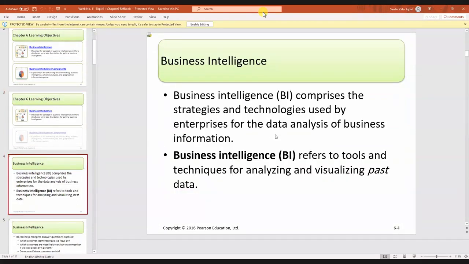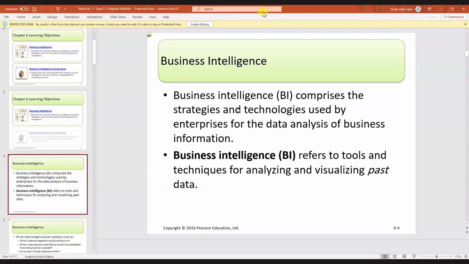Let's talk about this. Business intelligence, BI, comprises the strategies and technologies used by enterprises for the data analysis of business information.